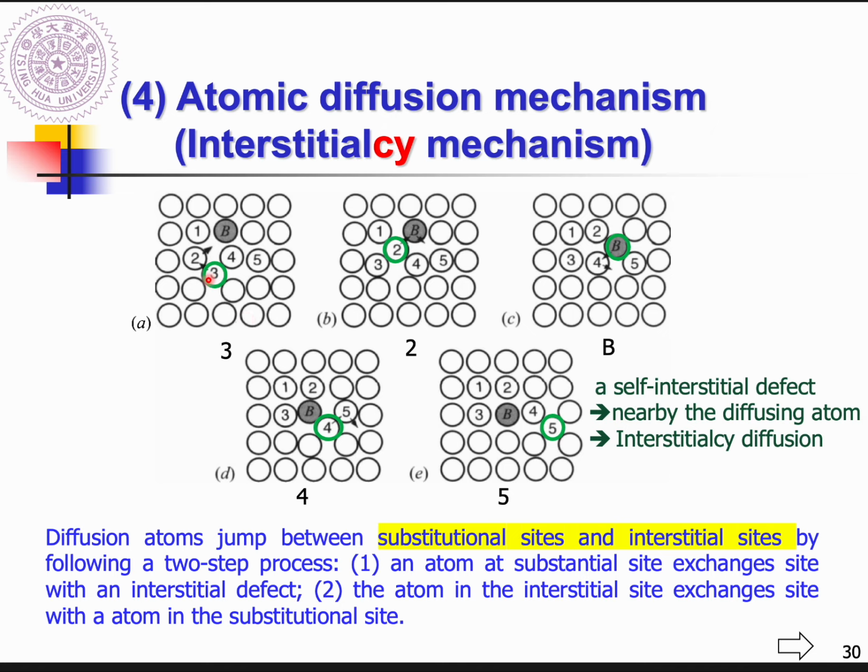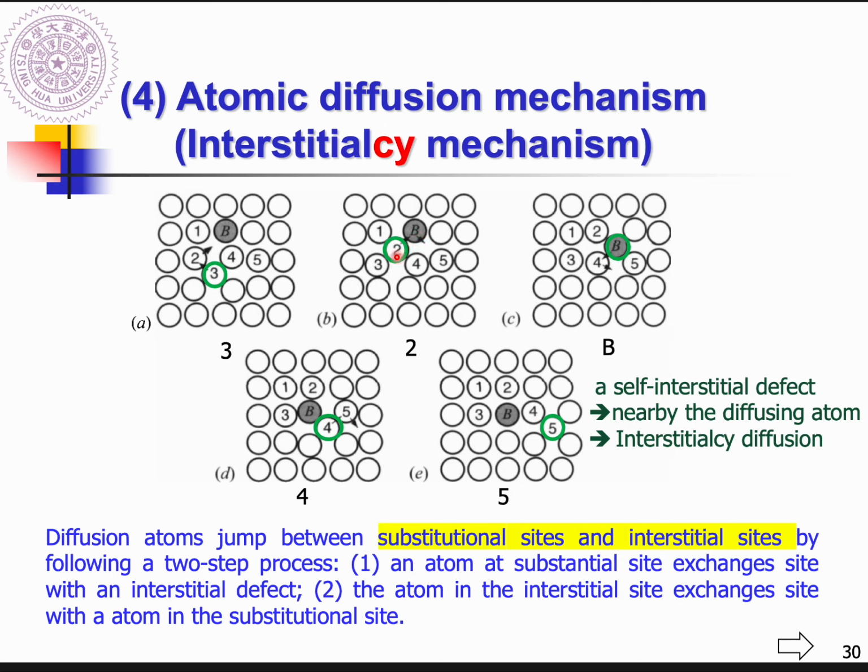Now in the beginning, you can see that the number 3 atom is located at an interstitial site. Then number 3 pushes the number 2 atom. So now number 3 is located at a substitutional site, but the number 2 atom is pushed away to an interstitial site. The next step, we find that the number 2 atom pushes atom B, which is a diffusing atom.